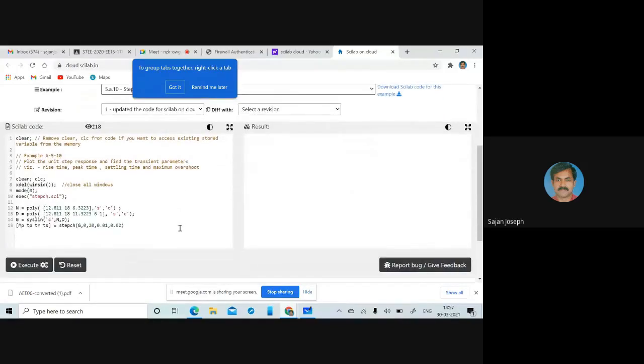Okay, and here to see what actually it is giving, so it is giving what transfer function you simulate, you delete this one and this one and execute.